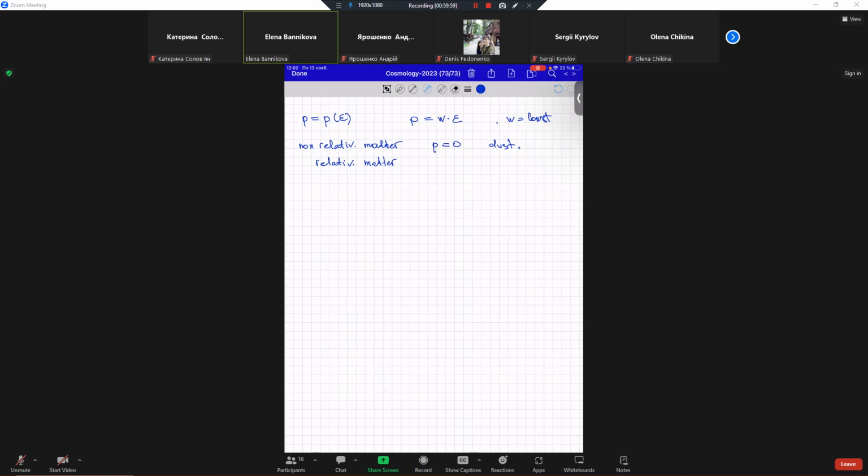For photons, we know that the equation of state is P equal to 1/3 epsilon. You can obtain it directly from the energy-stress tensor for the electromagnetic field.